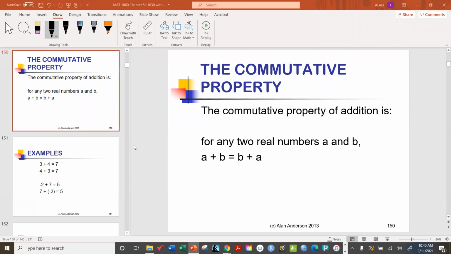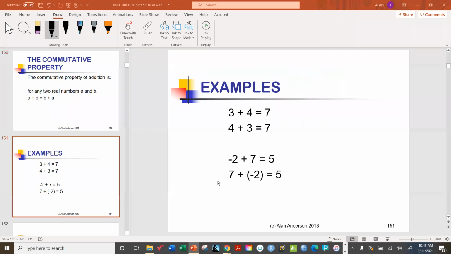And I've got a couple of examples here. And by the way, this also applies to negatives. In other words, all real numbers, literally every single one of them, has this property. So for example, what about these two? 3 plus 4 equals 4 plus 3. Okay.